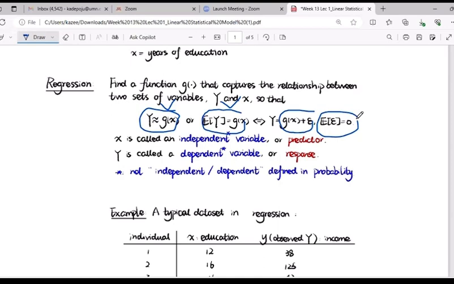If I am looking at the effect of number of years of education on income, and I say the expected value of the error equals 0, it means any other factor other than years of education that has an effect on income, we have been able to control. We believe their effect is negligible. That is why we don't capture them in this model.